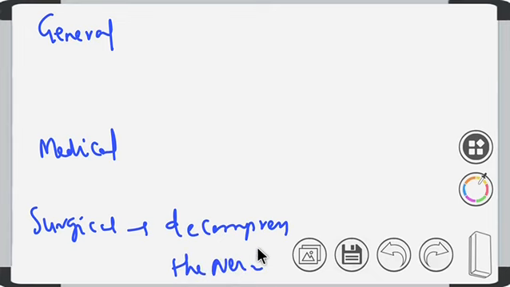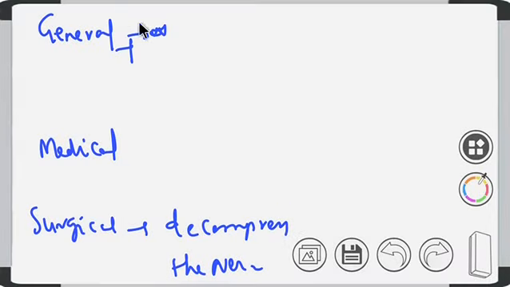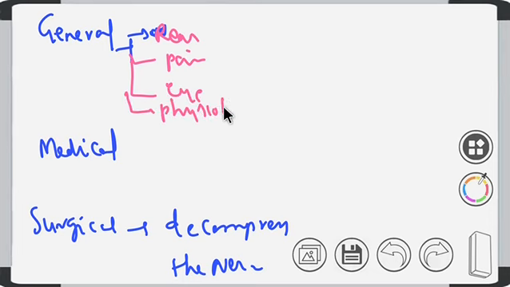In the general treatment, first one is reassurance. Second, we'll give painkillers. Then we'll take care of the eye. Then physiotherapy. In the medical, we'll give prednisolone. In the surgical, we decompress the nerve. This is an important one that you have to know.